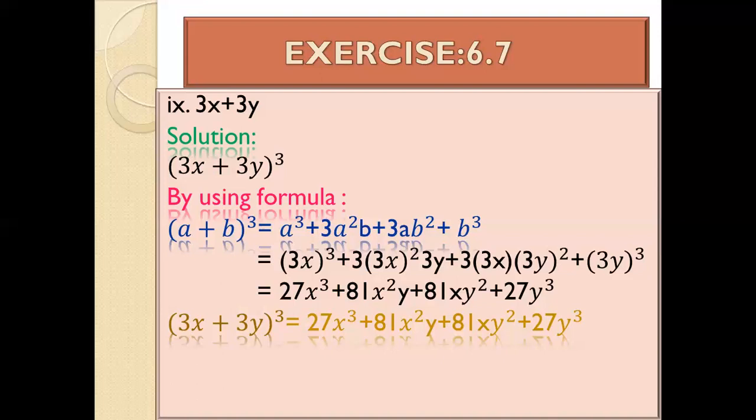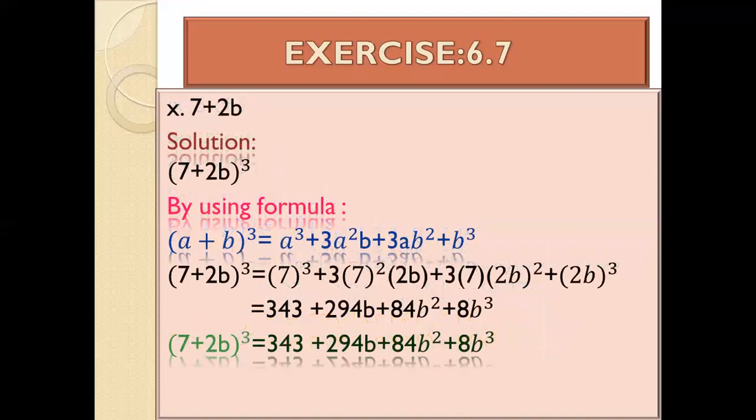When we simplify this expression, the answer is 27x cube plus 81x square y plus 81xy square plus 27y cube. Now the coefficient of x square y and xy square, they are same, but only the power of x and y change over here.